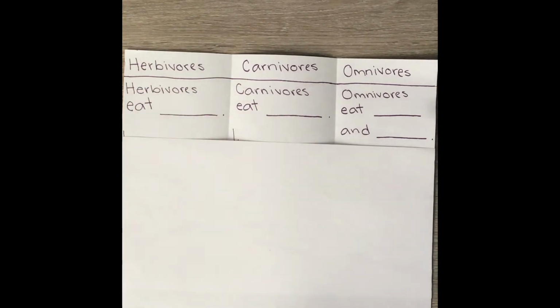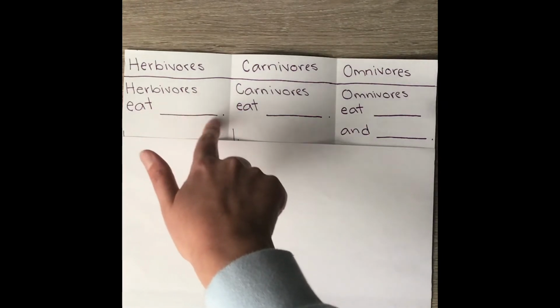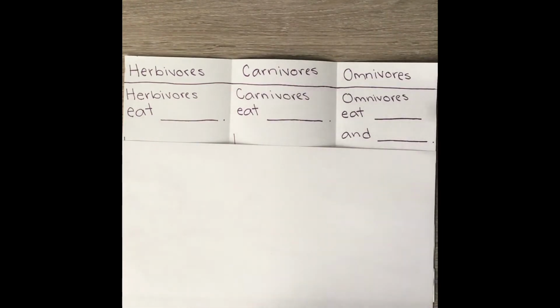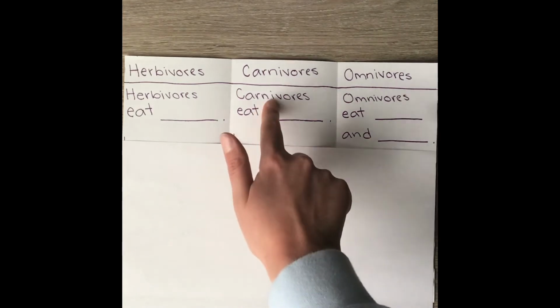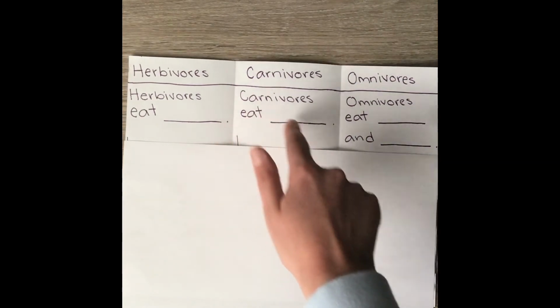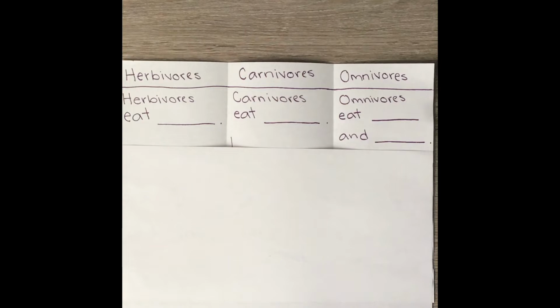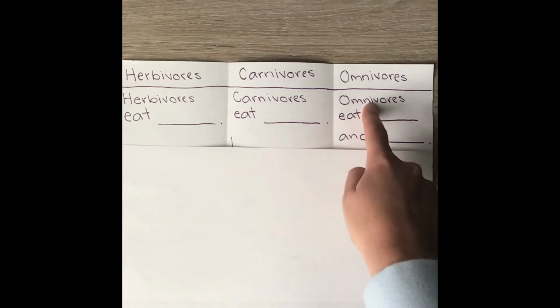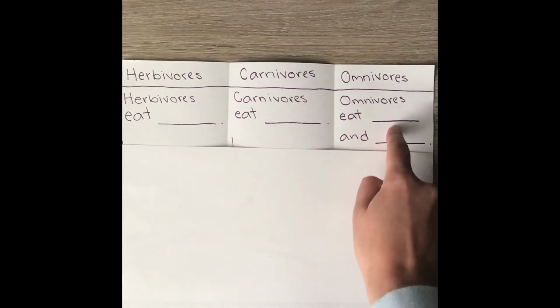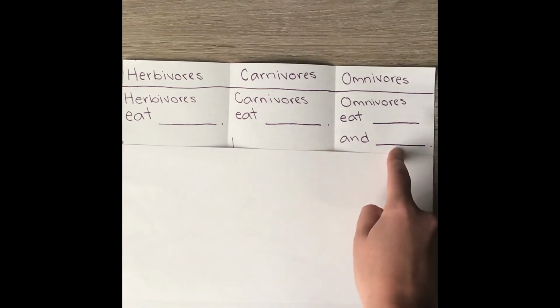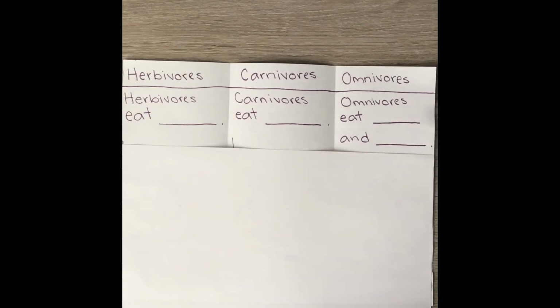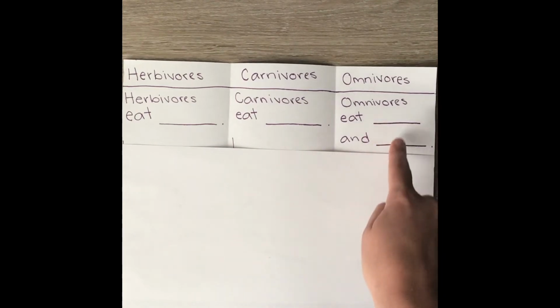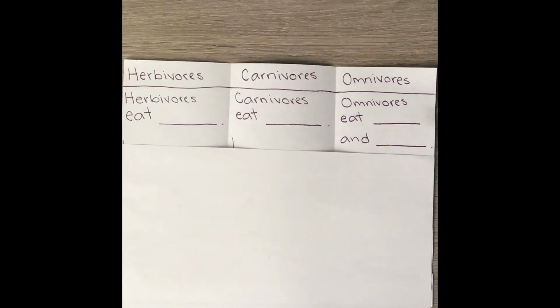And while I'm reading, you'll hear me read herbivores eat, and I'll read out loud what goes in your blanks so you can fill it out. Next is carnivores eat blank. Last, omnivores eat blank and blank. So that should give you a clue that omnivores eat 2 things because there are 2 blanks.